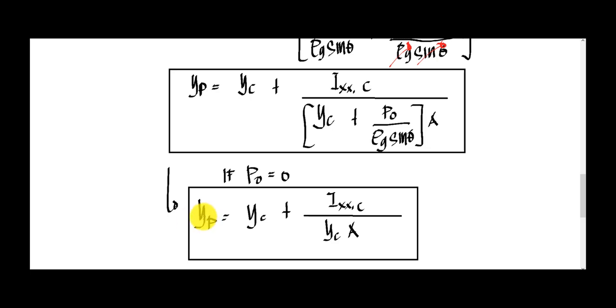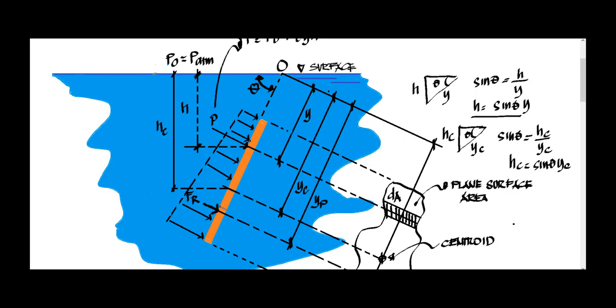Knowing that our YP is the vertical distance, going back to the figure, we have here the vertical distance, that is your YP. It can be determined by using trigonometry.